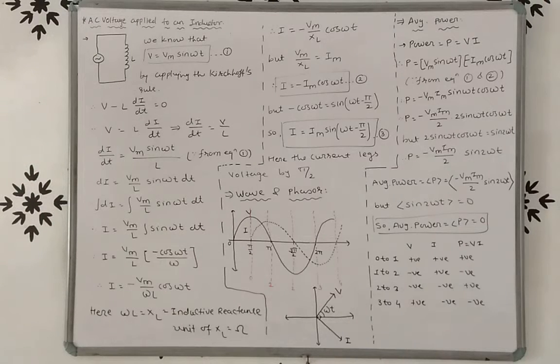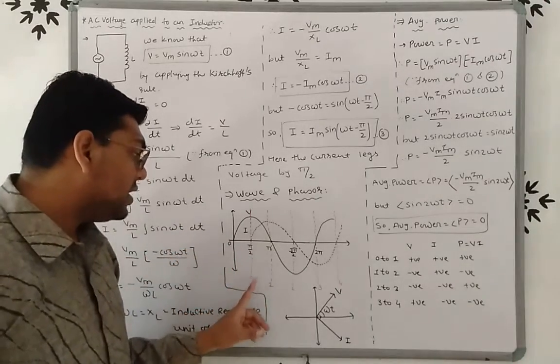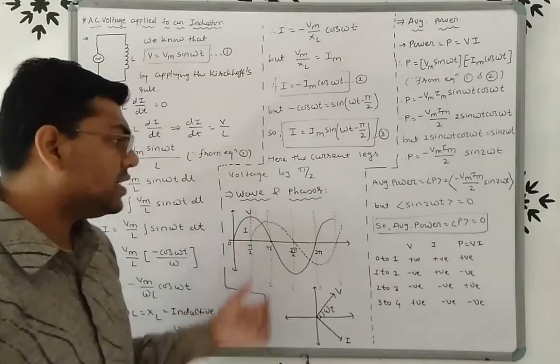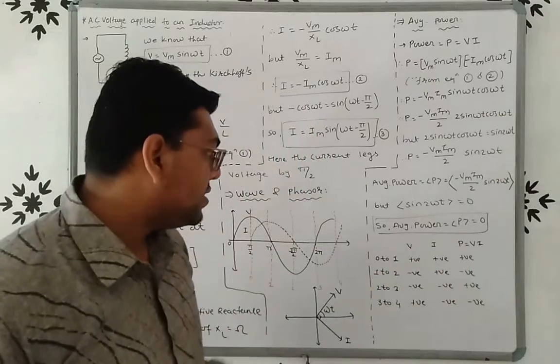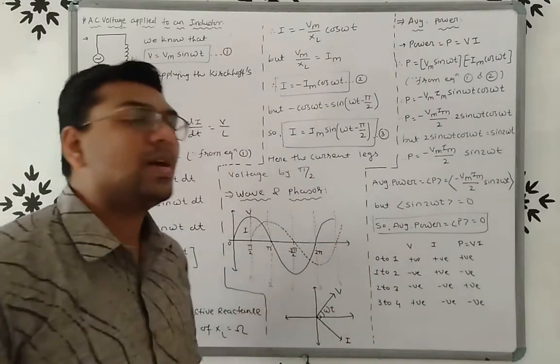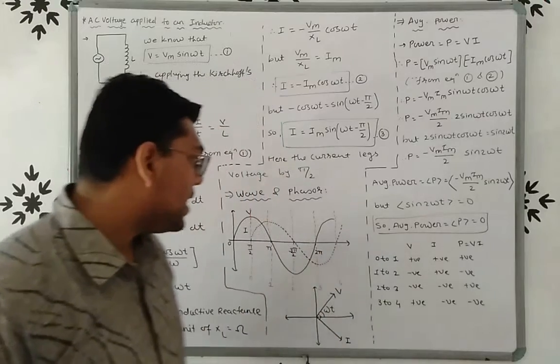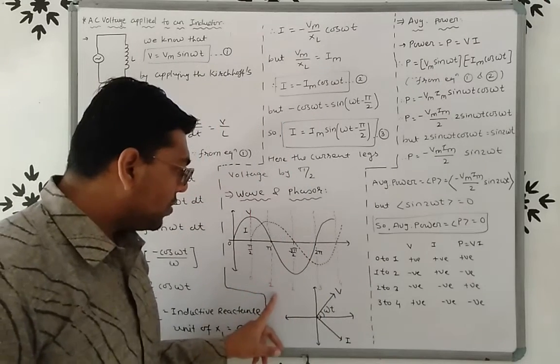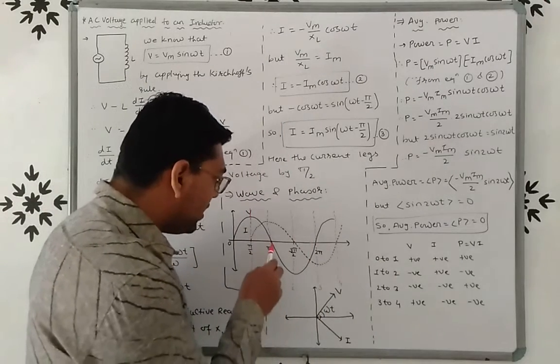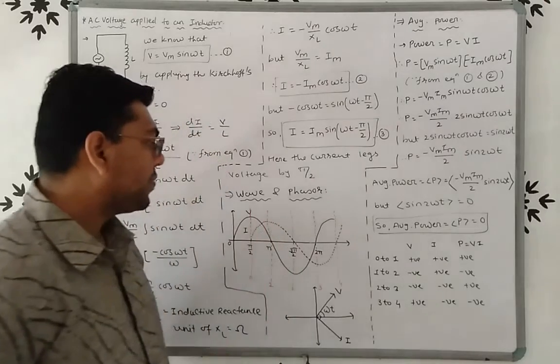First case from 0 to 1, right? From the figure we can see that from 0 to 1, voltage positive, current positive. So the product of voltage and current is positive. So in the first case, from 0 to 1, the energy is absorbed, right? Now from 1 to 2, the voltage is below the x-axis and current is positive.